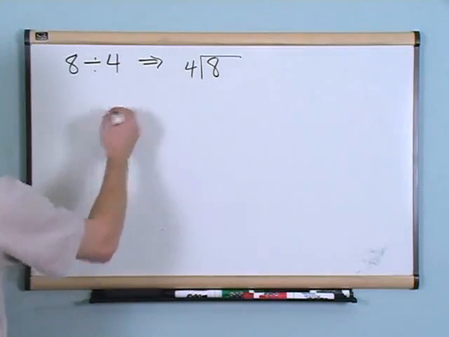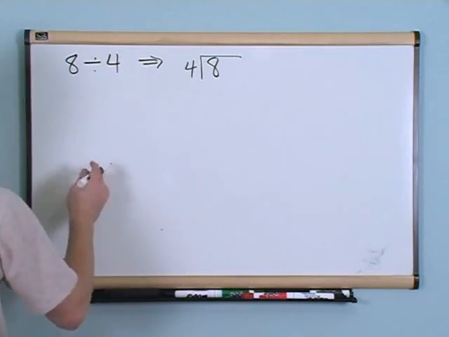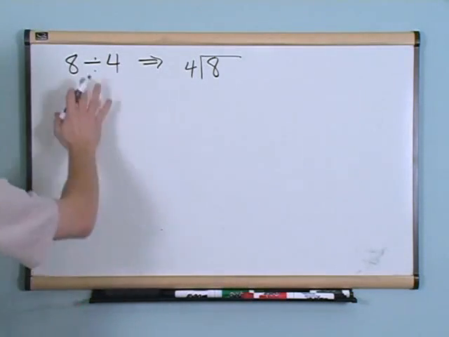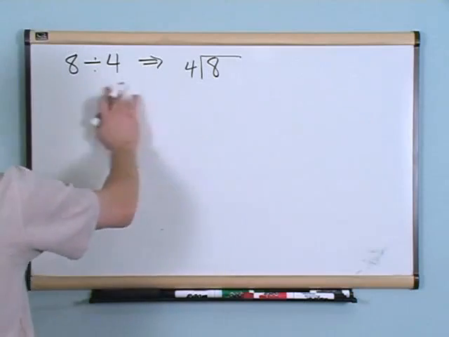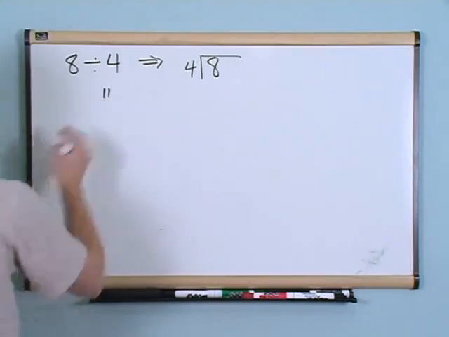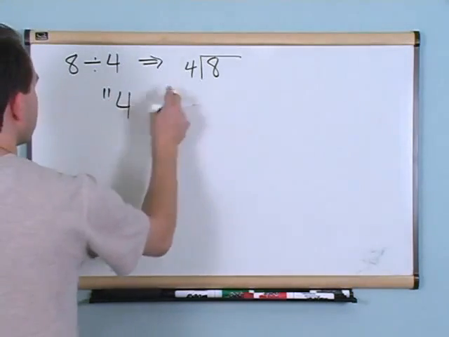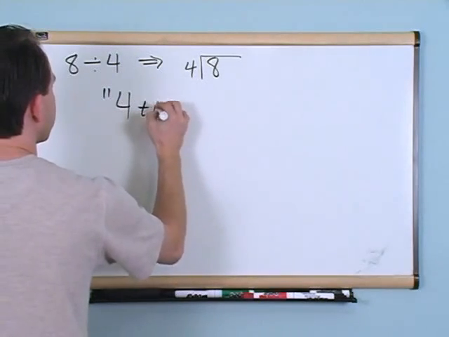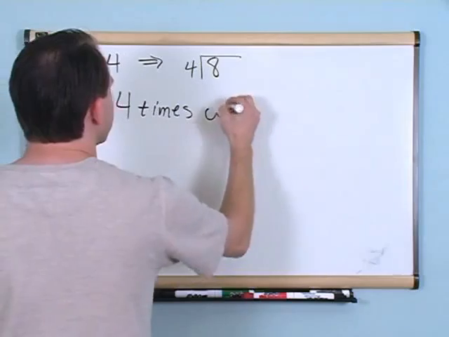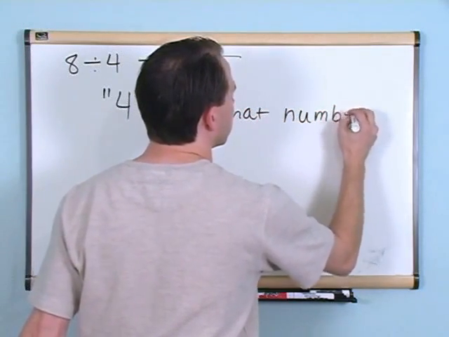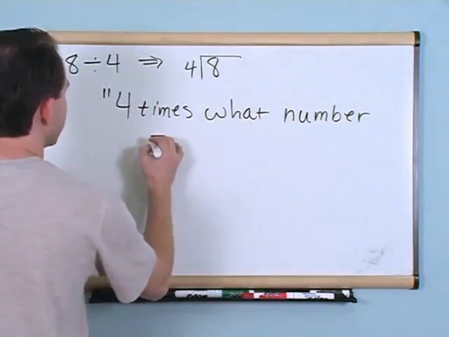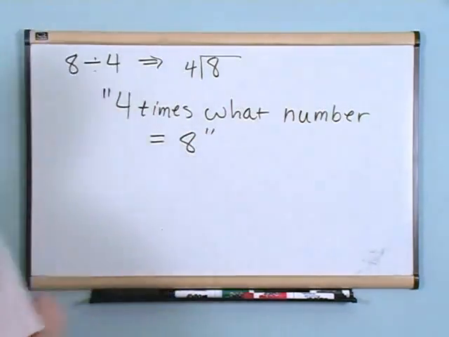All right, so another way you can do that is because multiplication and division are related, you can treat this problem in the following way. You can say 4 times what number equals 8. That is what division is.